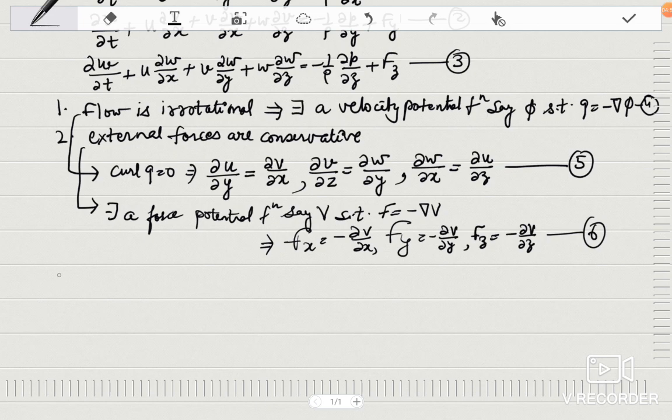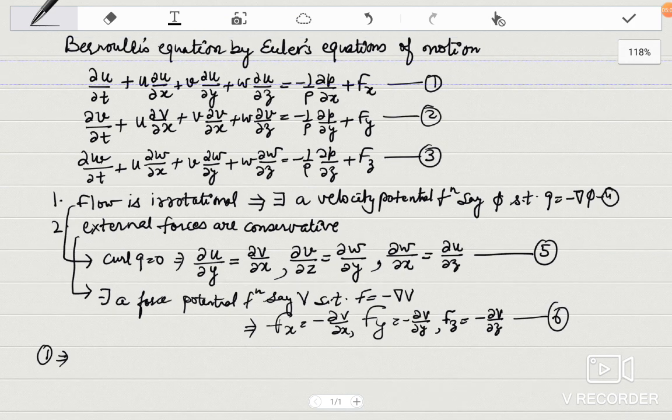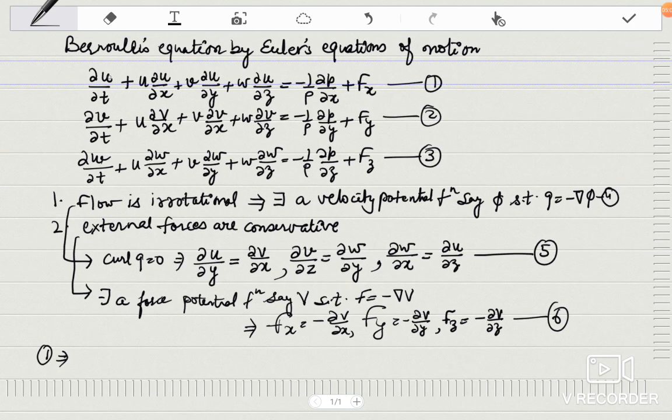Equation 1 may be written as: here you have ∂u/∂t. So in place of u, you will put -∂phi/∂x. So I may write it as minus ∂²phi/∂t∂x plus u ∂u/∂x.